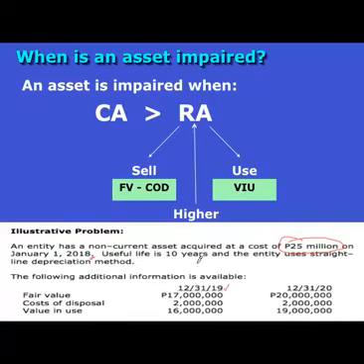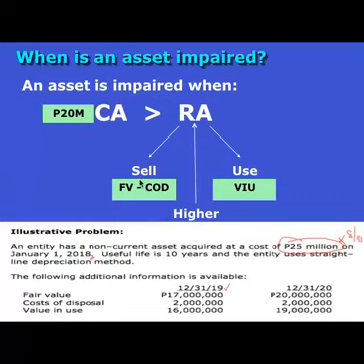So to get the carrying amount, that's 25 million after 2 years, times 8 over 10, since 8 years remain as of December 31, 19. So 25 million times 8 over 10, the carrying amount is 20 million as of 12/31/19.